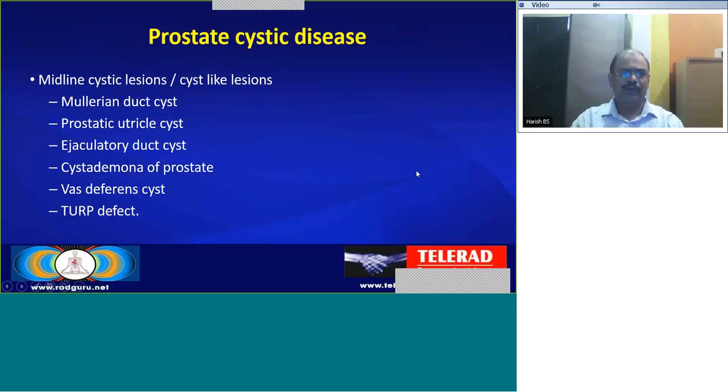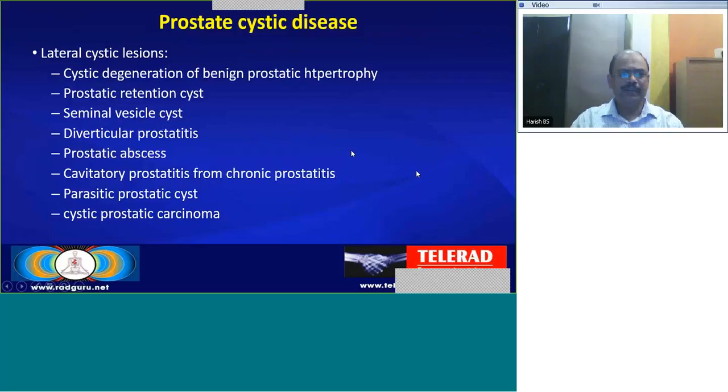Next we come to prostate cystic disease. The cysts of the prostate gland are divided into midline and lateral cystic lesions. The midline cystic lesions include the Mullerian duct cyst, prostatic utricle cyst, ejaculatory duct cyst, cystadenoma of the prostate, vas deferens cysts, and TURP defect.